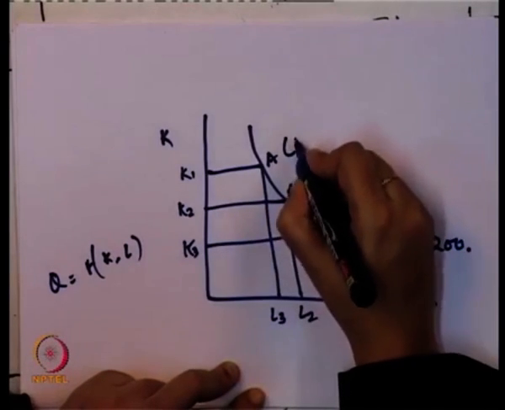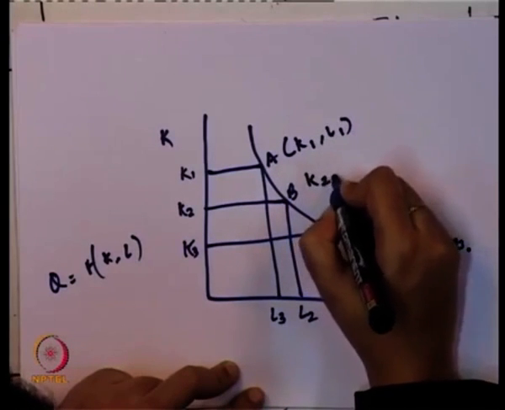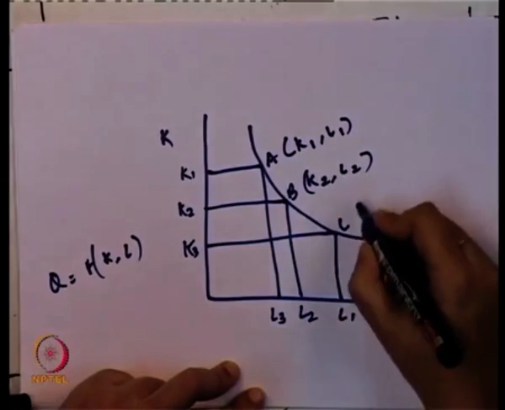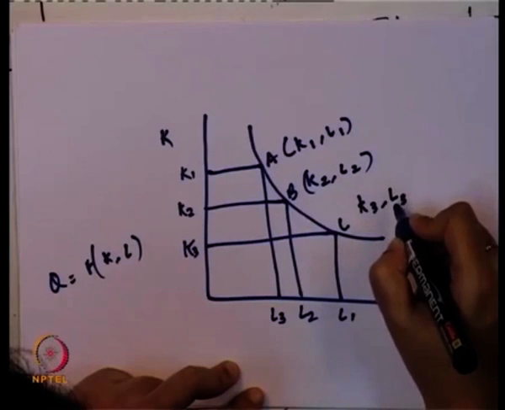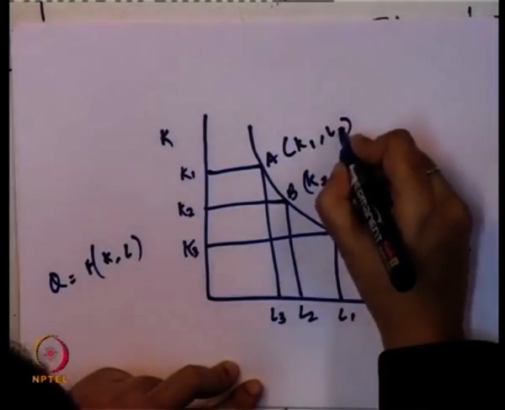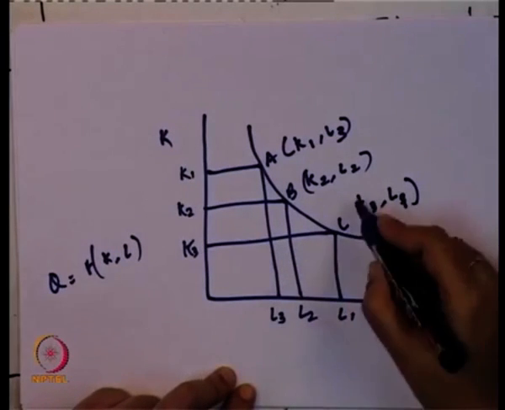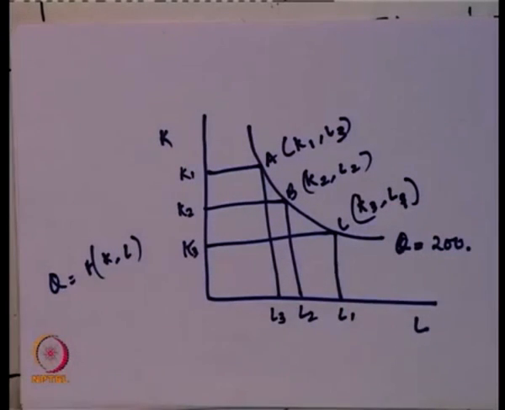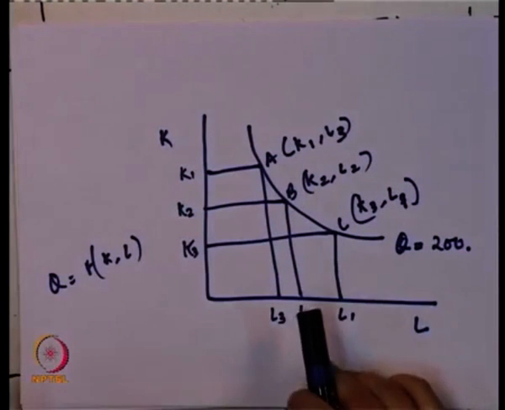Point A gives a combination of K1, L3, point B gives a combination of K2, L2, and point C gives a combination of K3 and L1. Irrespective of the combination, whether it is point A, point B or point C, they produce the same level of output.